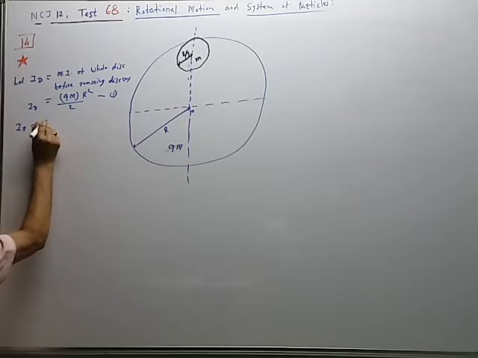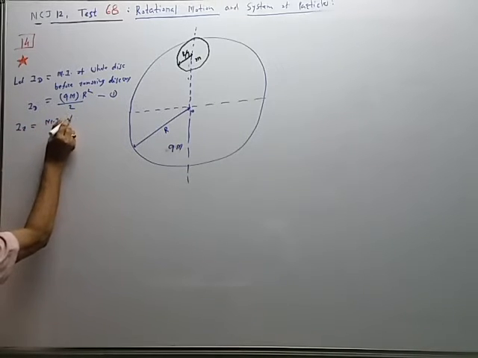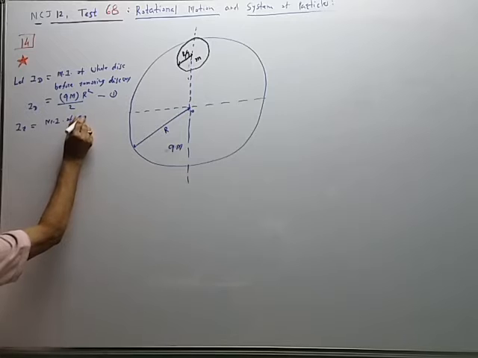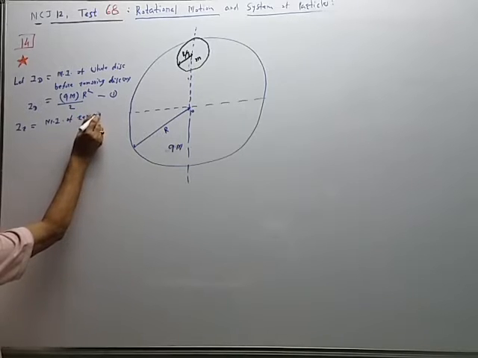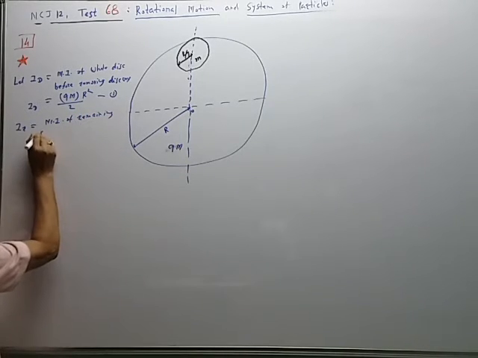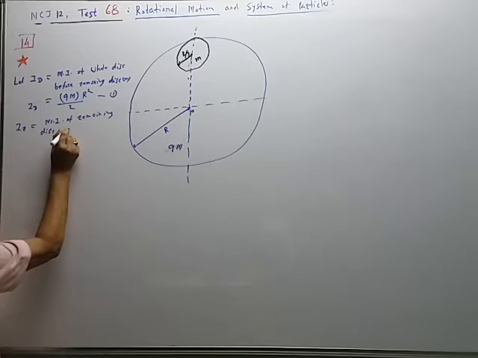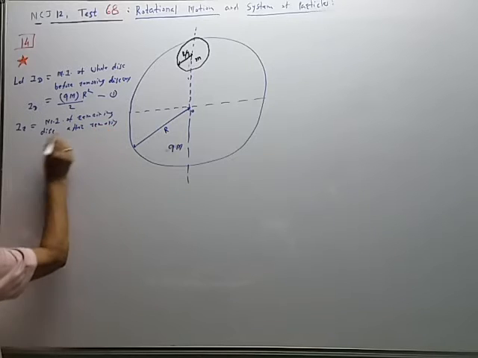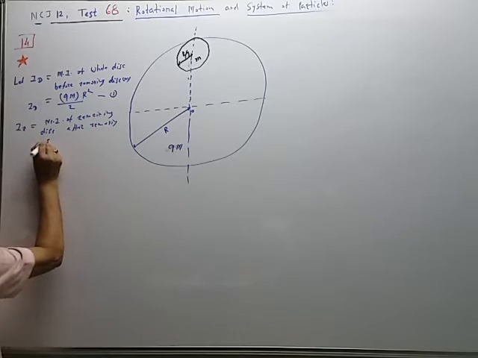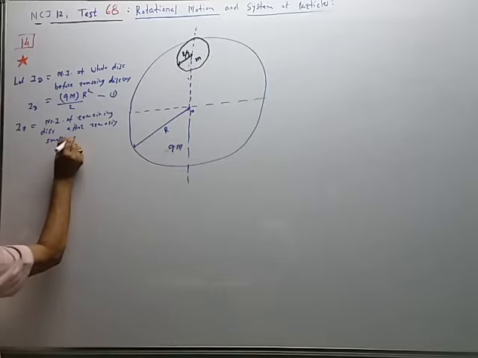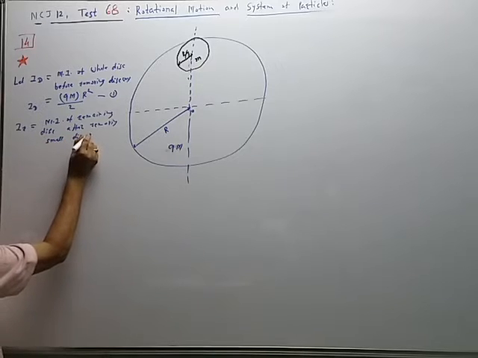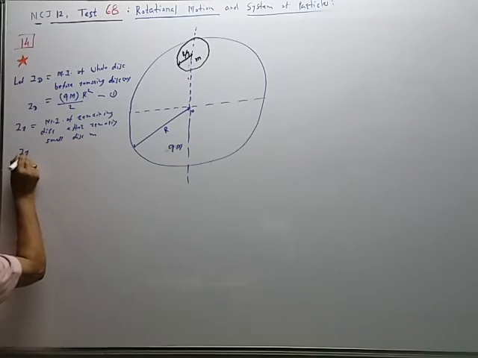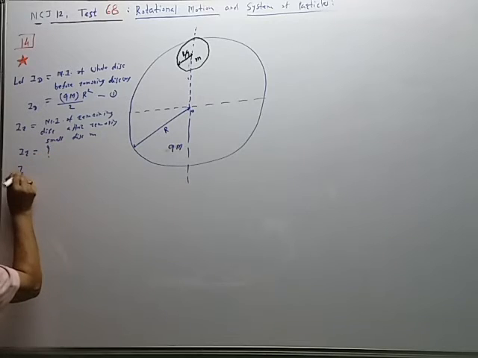IR is equal to the moment of inertia of the remaining disc after removing the small disc. IR is equal to question mark.